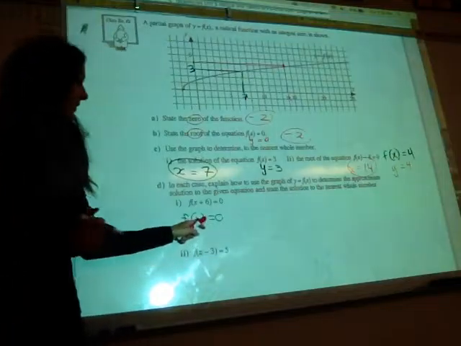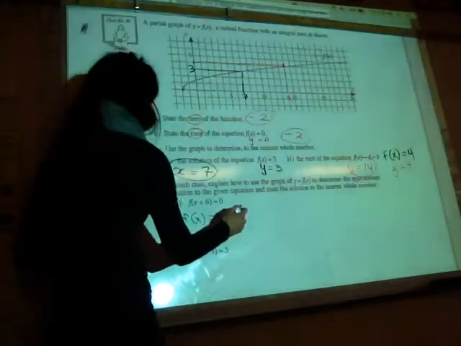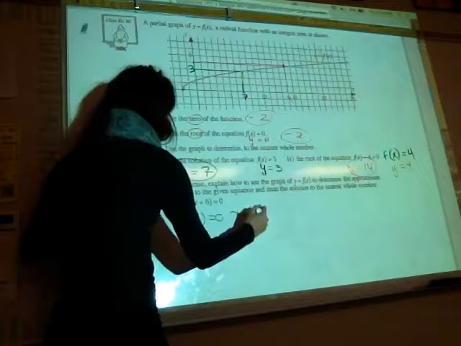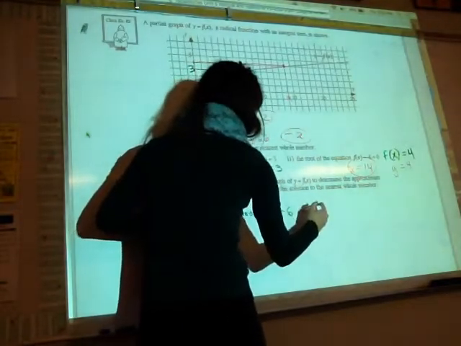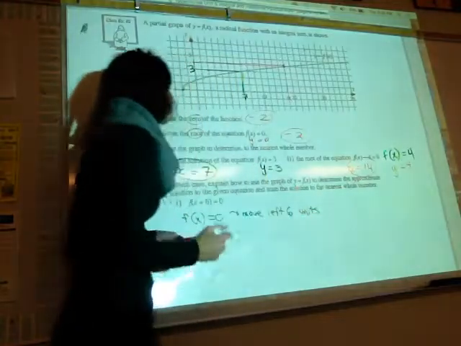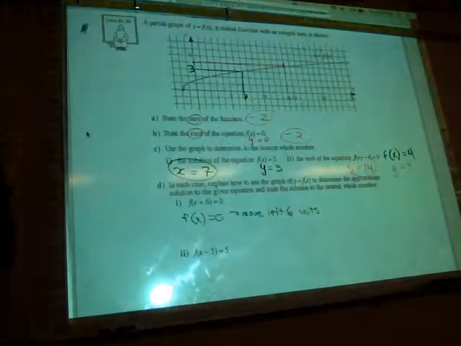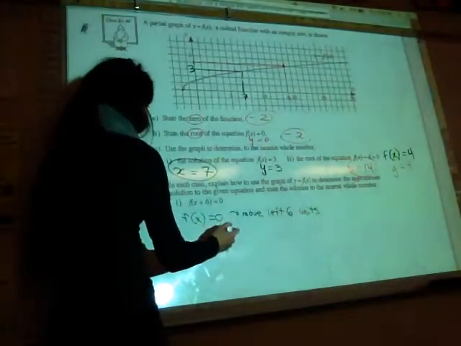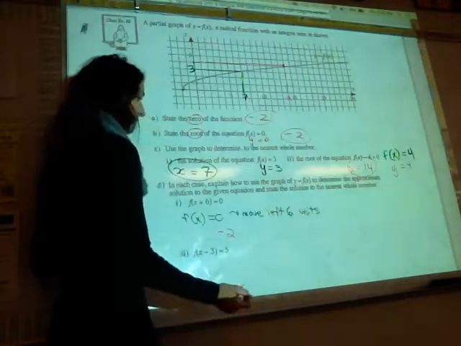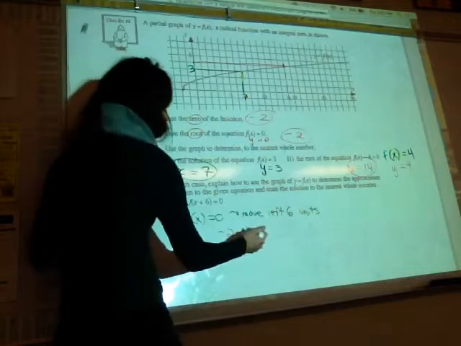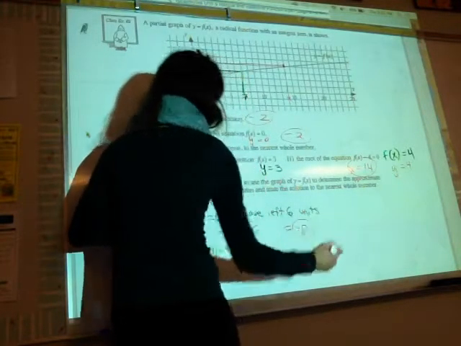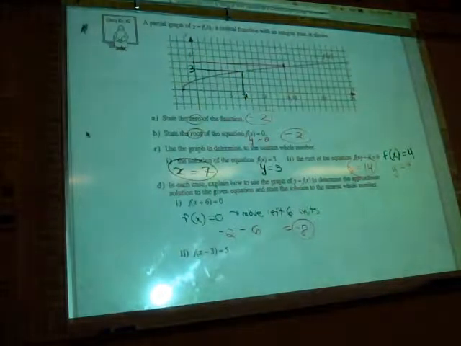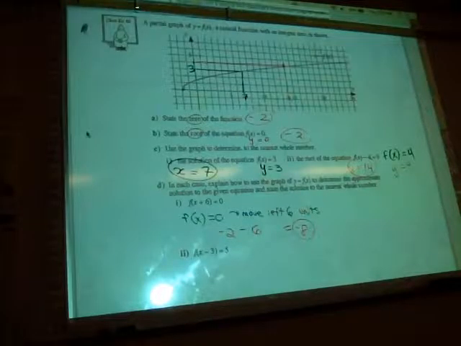So we have to take when f of x is at 0, and then we're going to move left 6 spaces. So when f of x is at 0, we're at -2. And then if we were to move left, we would subtract 6 from that, so we get -8. So x equals -8 when we're at f of x plus 6 equals 0.